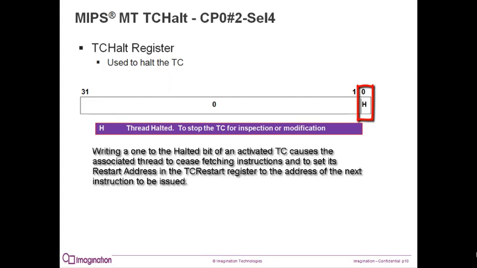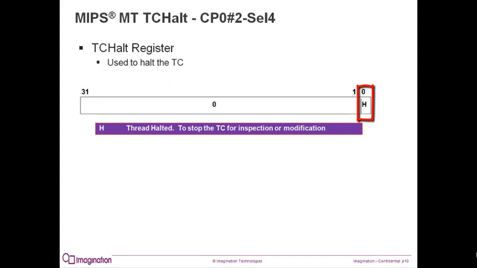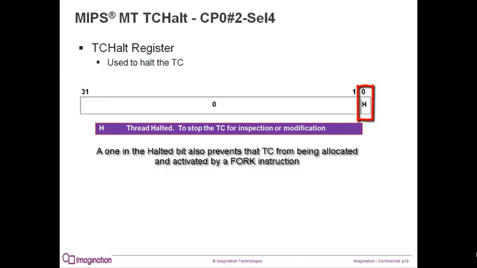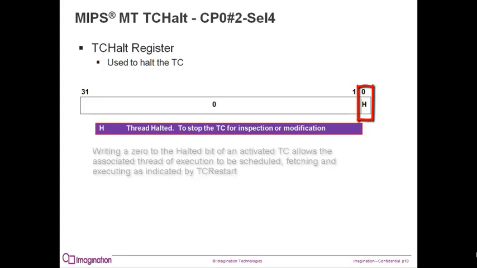Writing a 1 to the halted bit of an activated thread causes the associated thread to cease fetching instructions and to set its TC restart register to the address of the next instruction to be issued. More on the TC restart register later in this section. A 1 in the halted bit also prevents the TC from being allocated and activated by a fork instruction. More on the fork instruction later in this course.